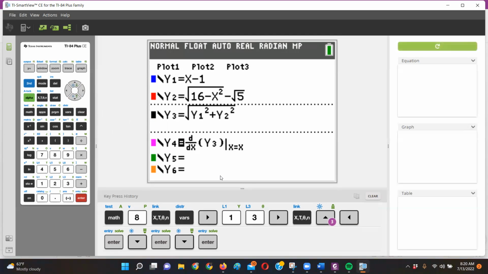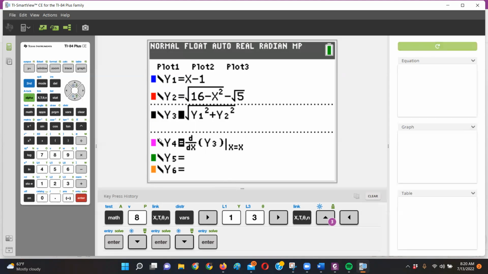Now the bad thing about the calculator is if the derivative is undefined at a value, it'll kick up an error. So you're going to know what your domain is. And we know the domain is from -4 to +4, right? But at -4, the domain doesn't exist, so the derivative doesn't exist. So I don't want to include -4.